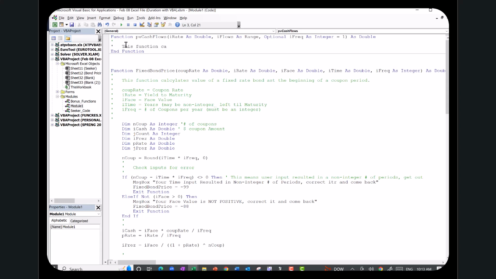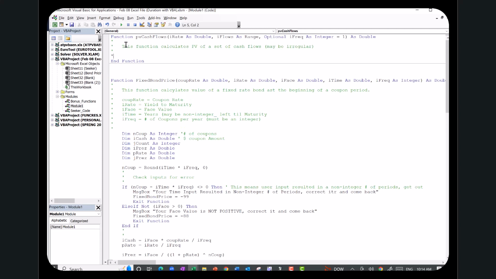This function calculates the present value of a set of cash flows, maybe irregular, and inputs are I rate equals discount rate and APR convention.